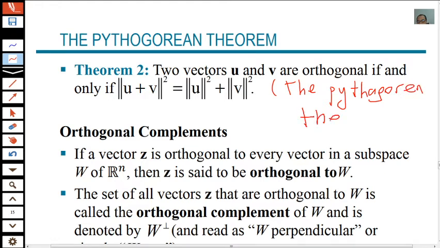This is the real definition of the Pythagorean Theorem.